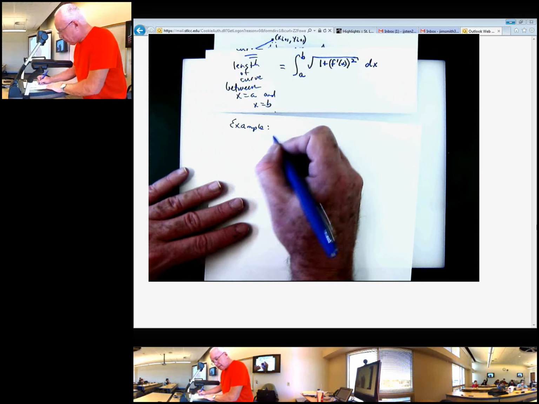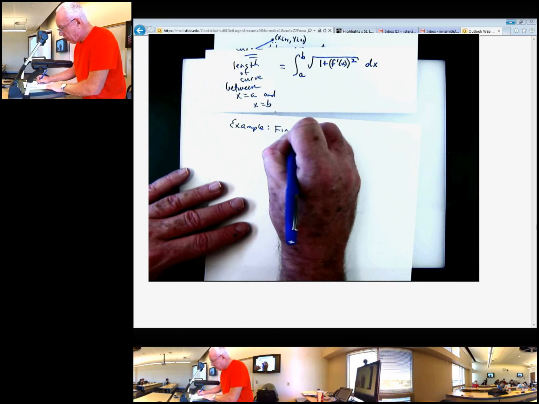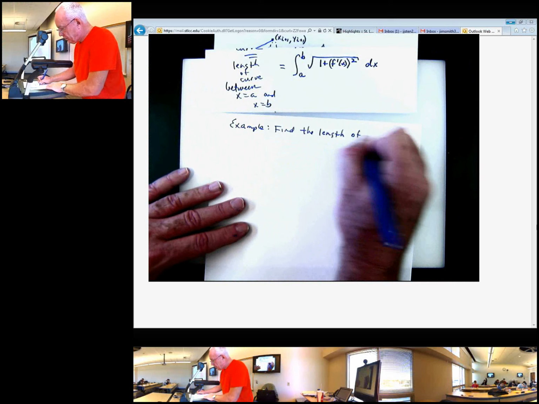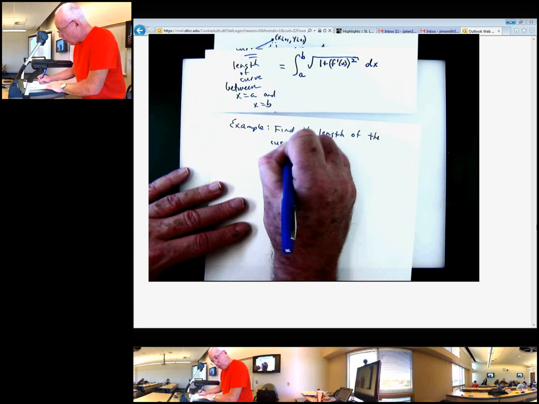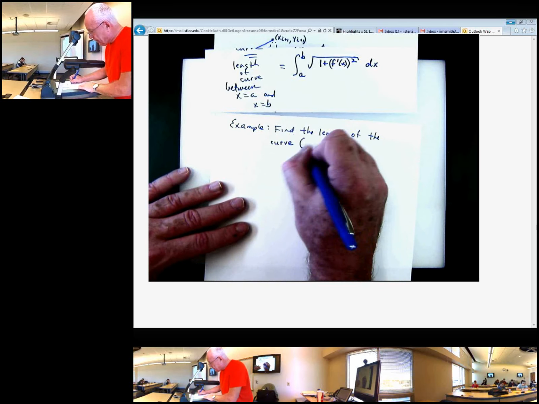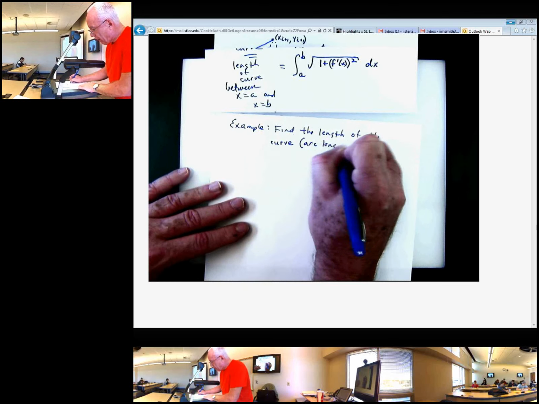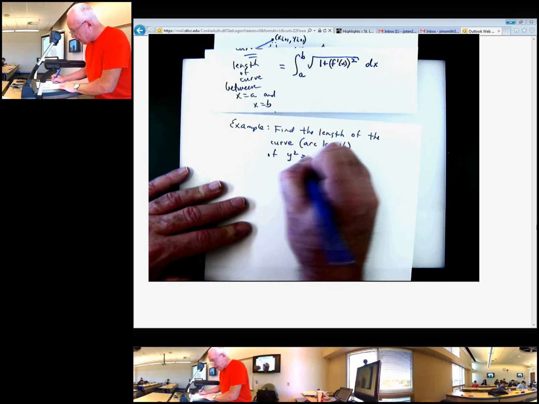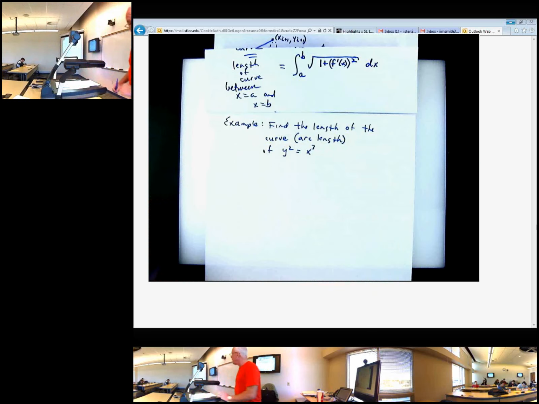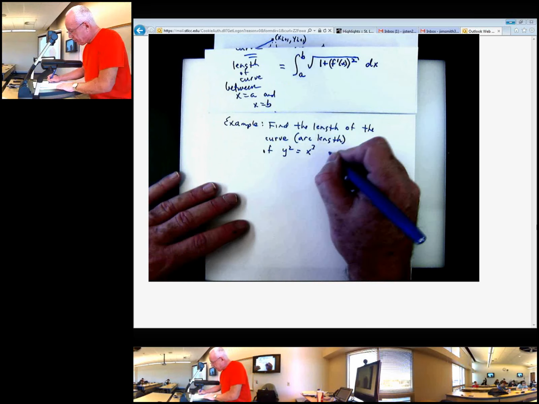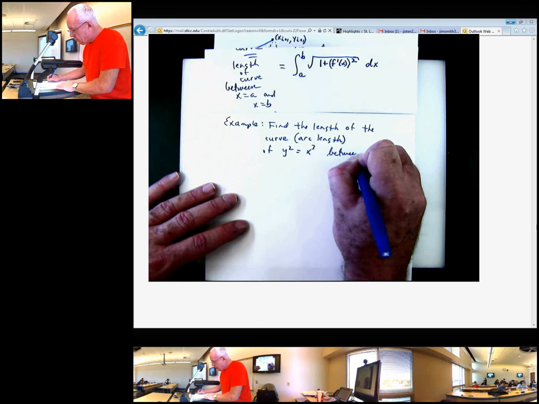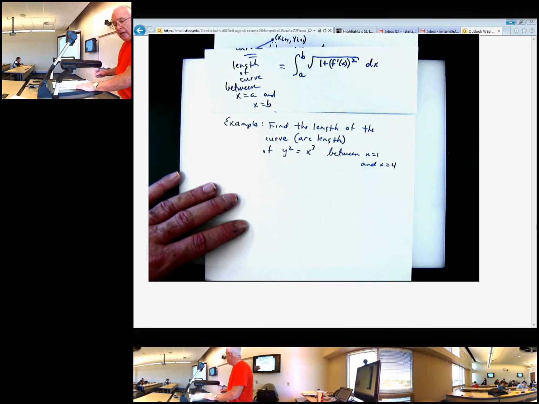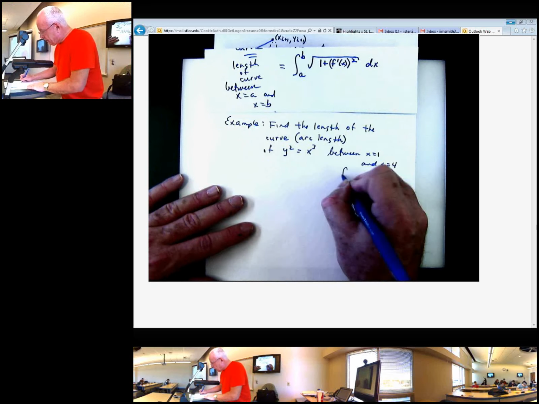Find the length of the curve, or we could call this the arc length. The curve is y squared equal to x cubed, so that's kind of unusual, between x equals 1 and x equals 4, and we want to do it for y bigger than 0.